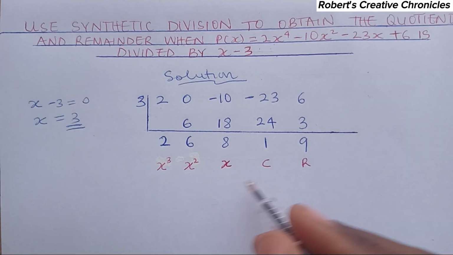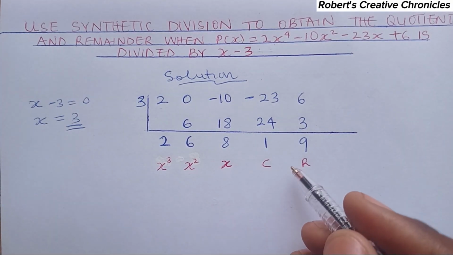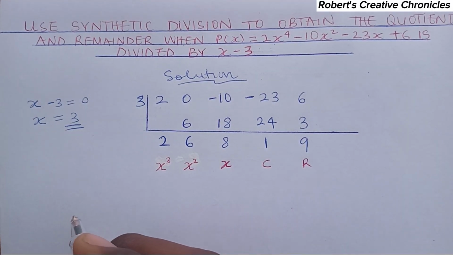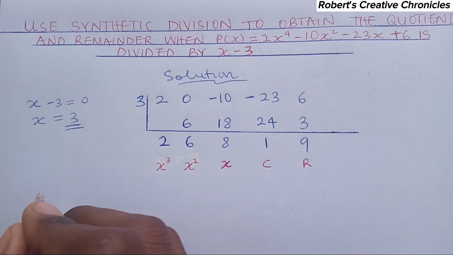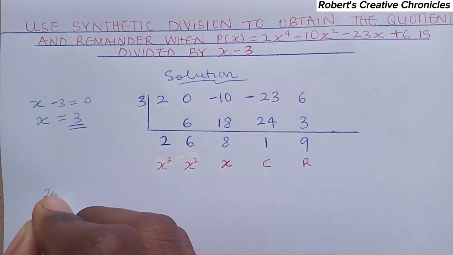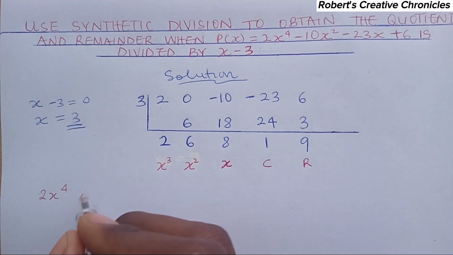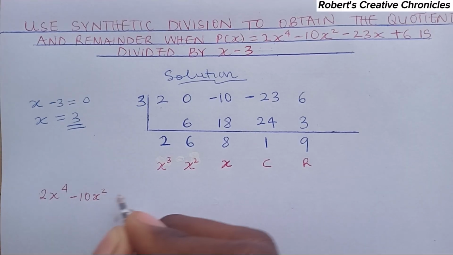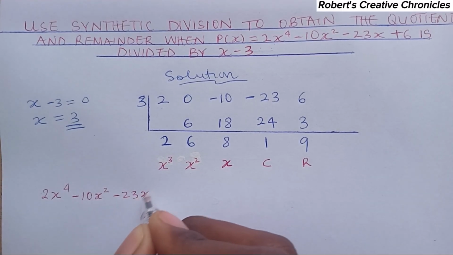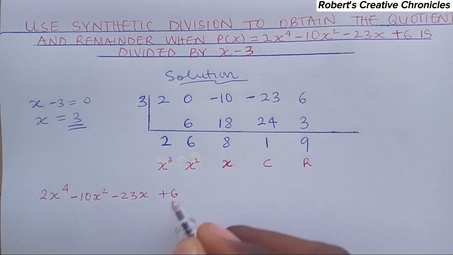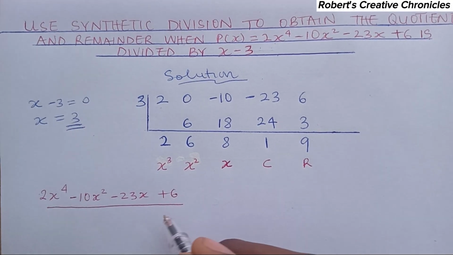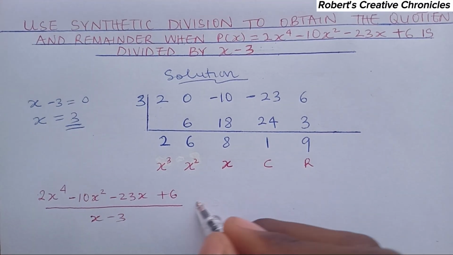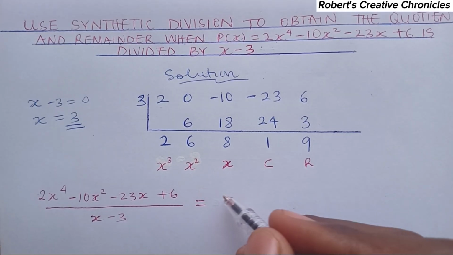So now we can express these two in terms of this. 2x raised to the power of 4 minus 10x squared minus 23x plus 6, divided by x minus 3, can be expressed in this form: the quotient.